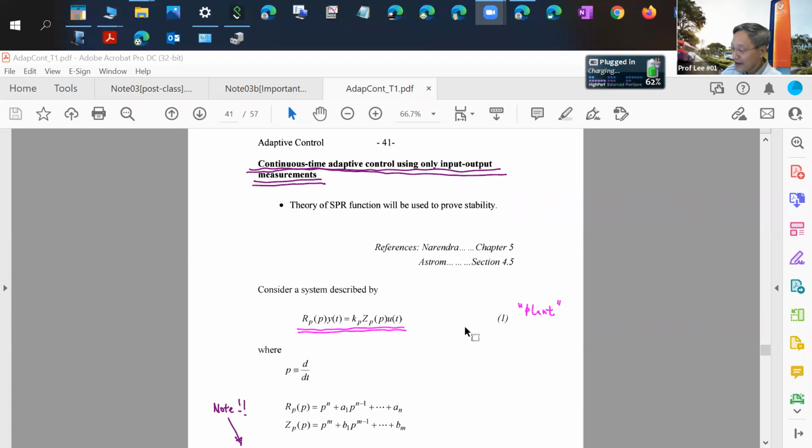And remember, I developed that in a very compact way using the differential operator. But I also warned you, it's okay to do that, but make sure you do it very carefully, observing all rules. You recall how we did that.